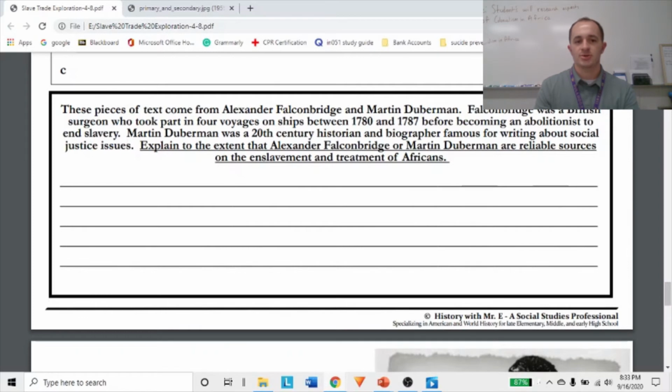Falconbridge was a British surgeon who took part in 4 voyages on ships between 1780 and 1787 before becoming an abolitionist to end slavery. Martin Duberman was a 20th century historian and biographer famous for writing about social justice issues. Explain to the extent that Alexander Falconbridge or Martin Duberman are reliable sources on the enslavement and treatment of Africans.